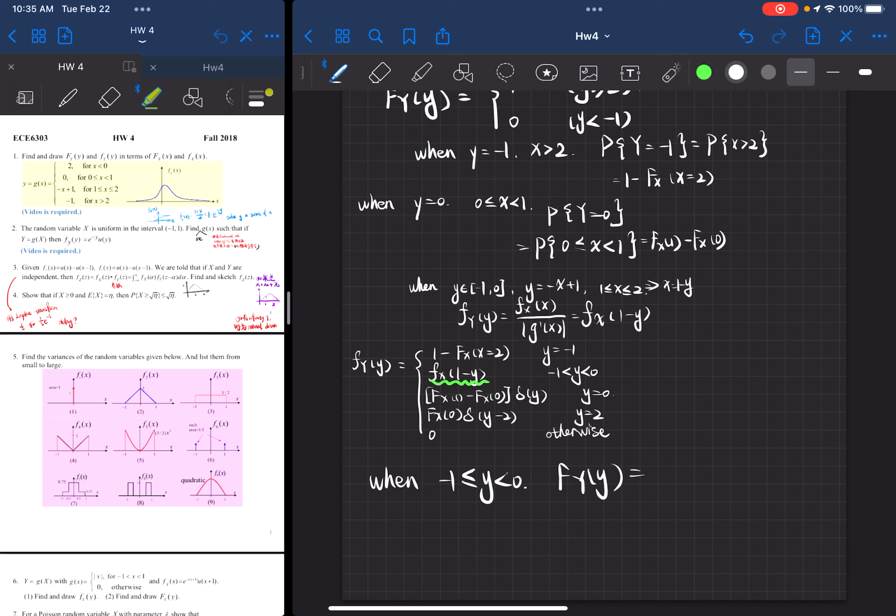Here I use the distribution function of y, which is the probability of g(x) smaller than y, and plug in the value of g(x).